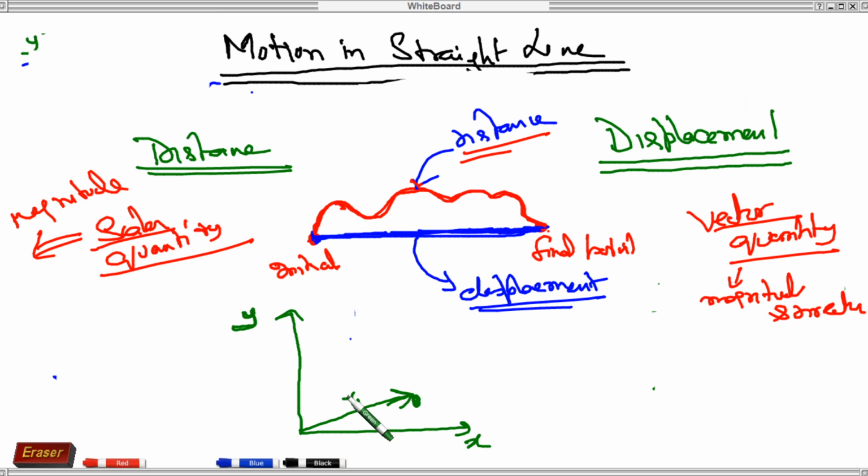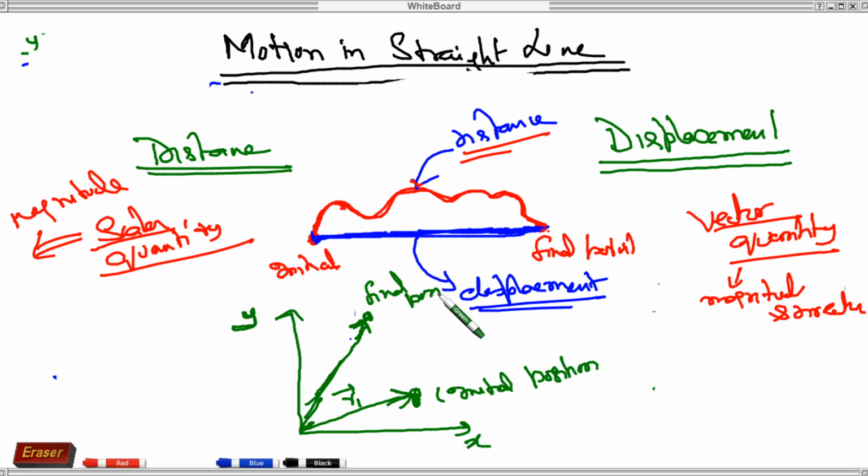That's a position vector we discussed earlier, so it's the initial position. After time delta t, it reaches here. That's the final position. It means the particle started from here and ended here. The position vector of this is r2.